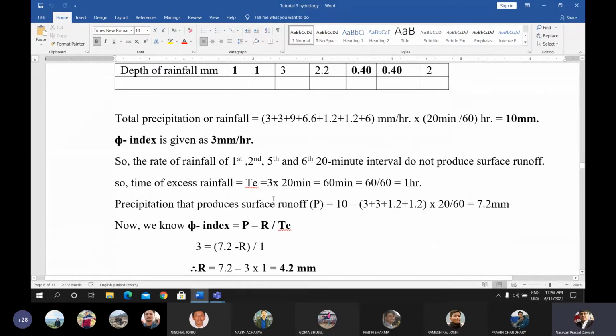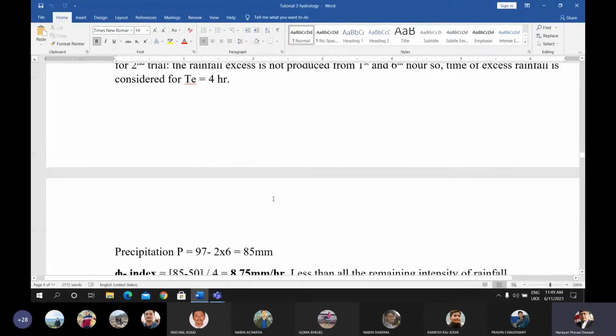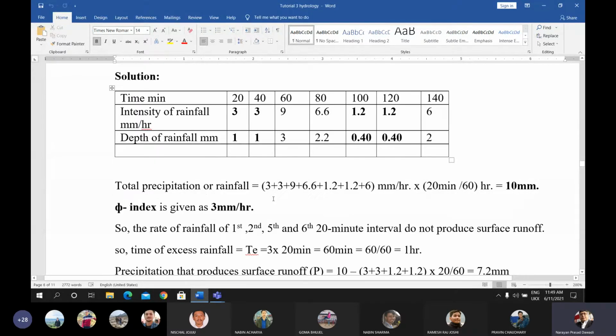The time of excess rainfall must be considered for the remaining intensities of rainfall only. That means 9 mm per hour, 6.6 mm per hour, and 6 mm per hour. These three intensity periods are only considered. First 20, 20, 20.